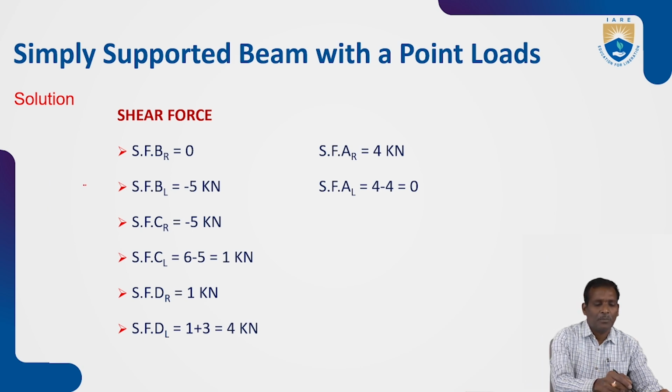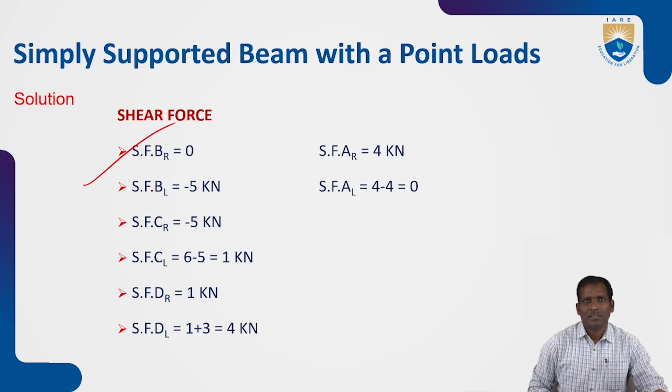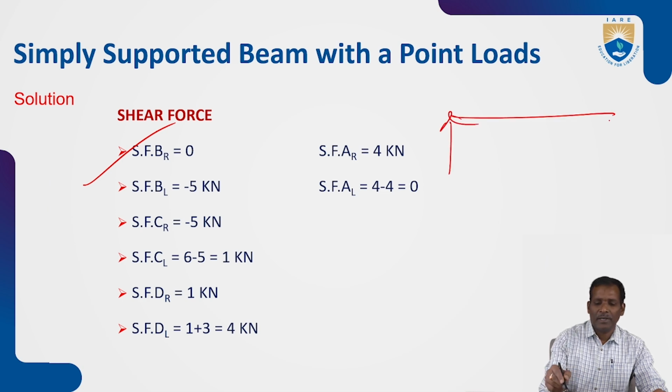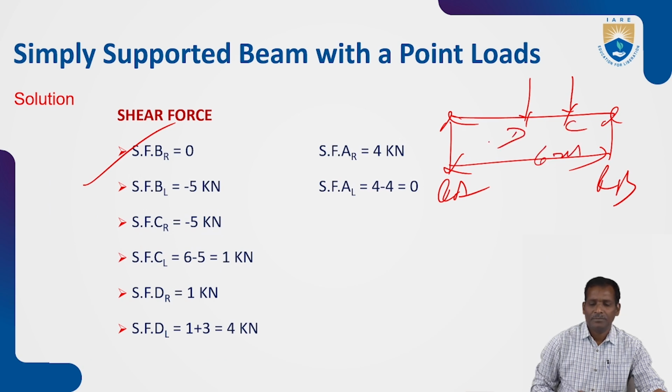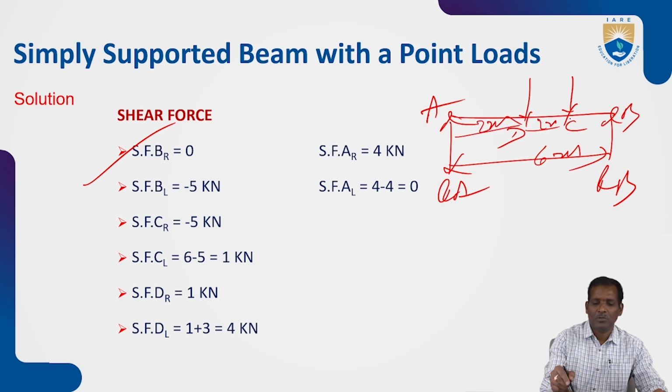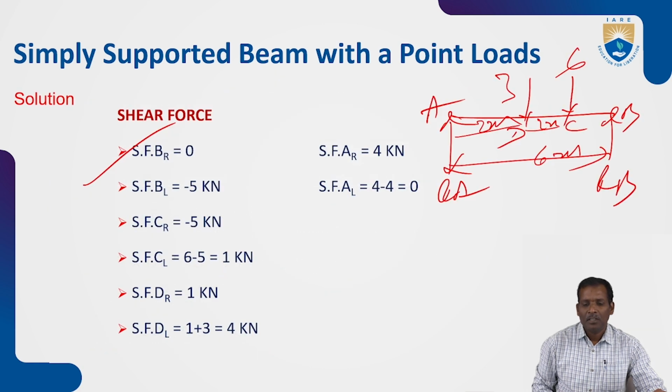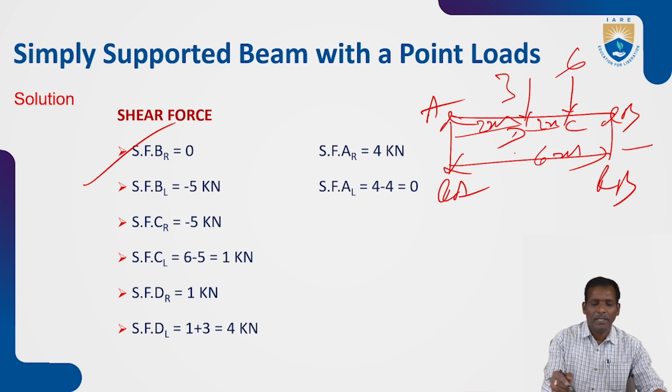The given diagram is like this: RA and RB, the total is 6 meters, with C and D, 2 meters, and 3 kilonewton and 6 kilonewton loads. Now the shear force at B, right side is 0, and B left is minus 5 kilonewtons.